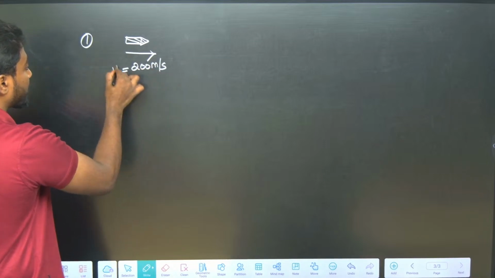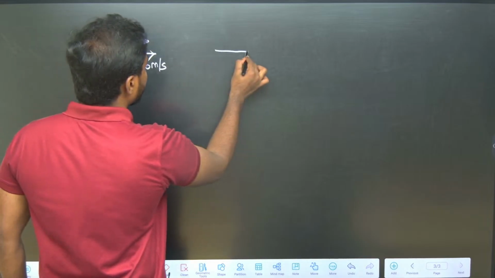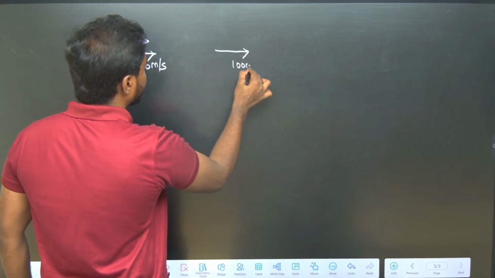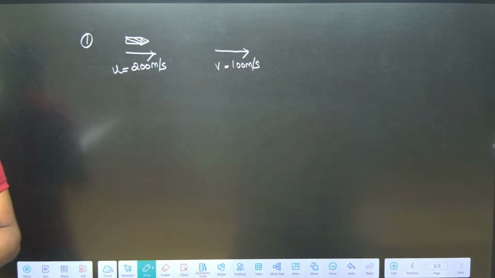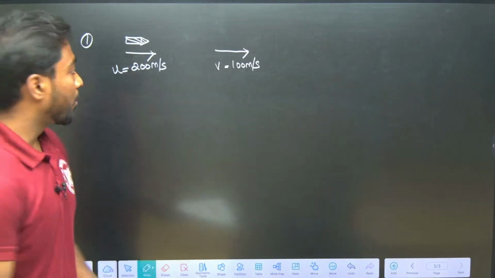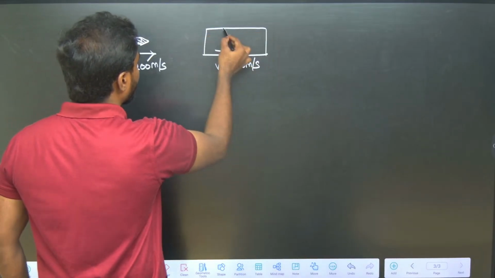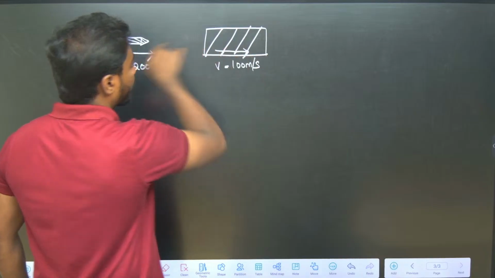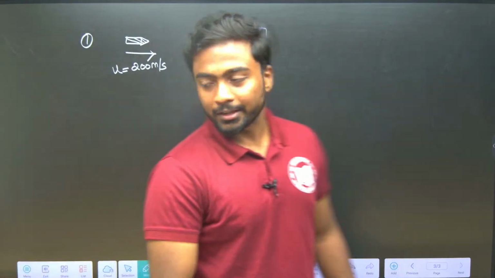Can I say that is u, and it has been reduced to 100 meter per second, that is velocity v. Then what was the question? While traveling through a wooden block, so there is a wooden block. After traveling, the velocity has been reduced to 100 meter per second.